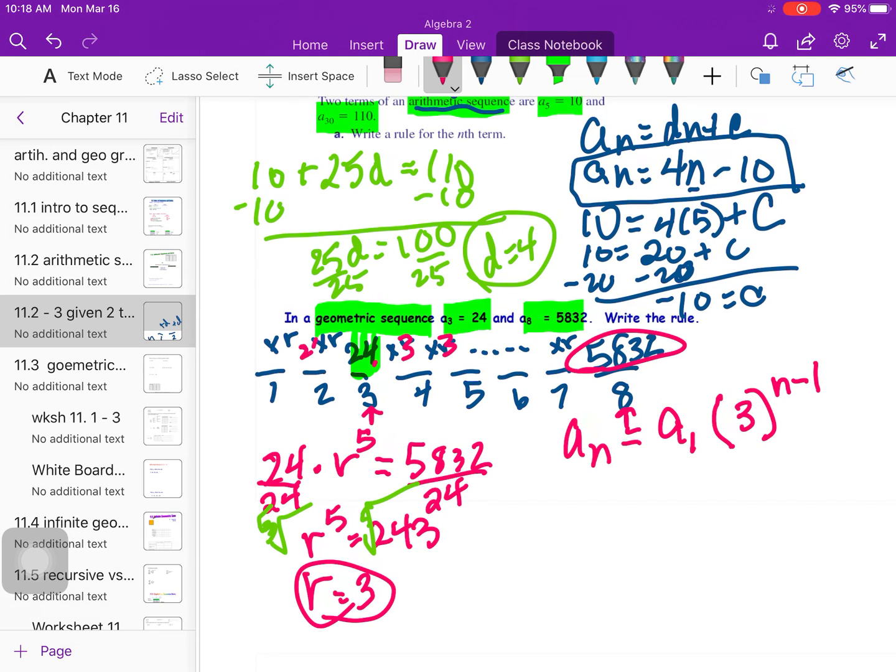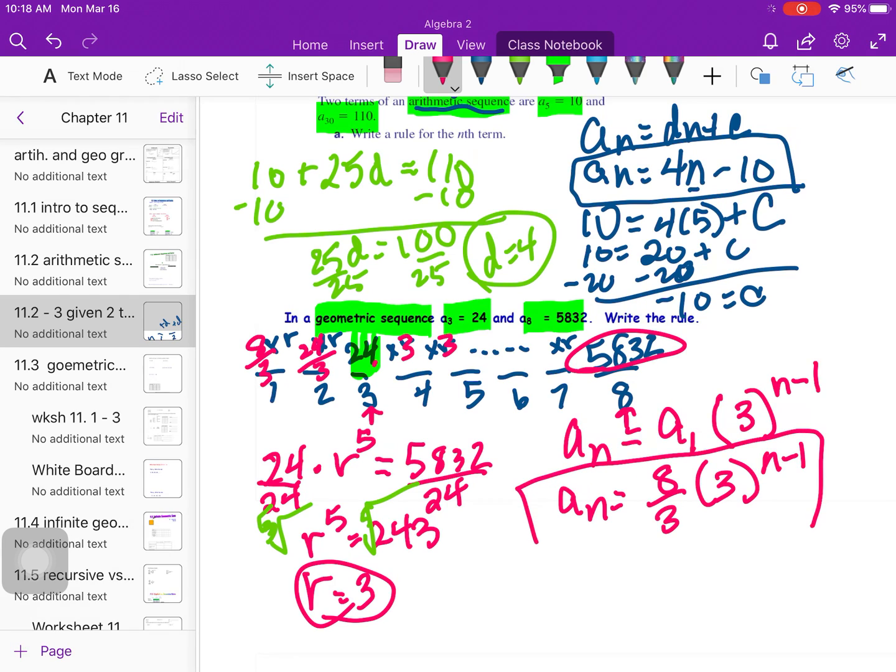So to get to this blank, it would be 24 divided by 3, which would be 8. Getting to this one, it would be 8 divided by 3. And I'm going to need you to show that division going backwards if that's the way you're going to use it. So the first term is 8/3 times the ratio 3 raised to the n minus 1. And I have my equation.